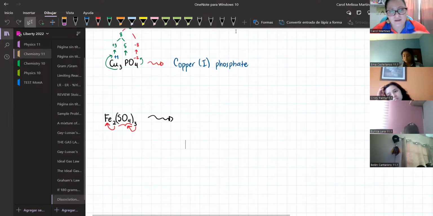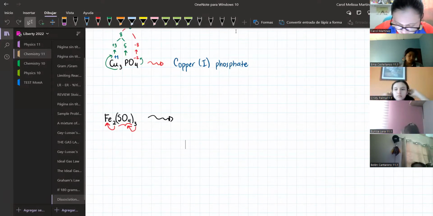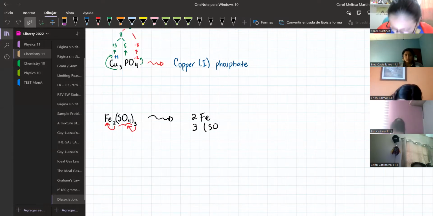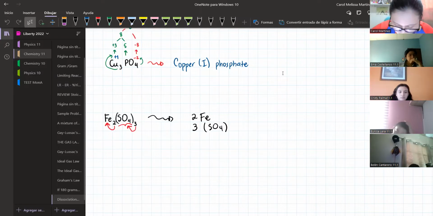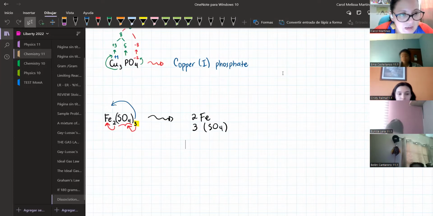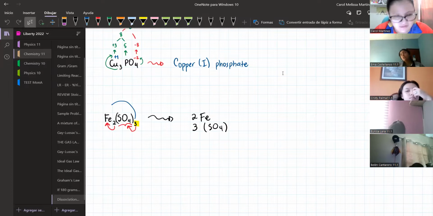So you can split this compound by saying that you have 2 irons and that you have 3 sulfates. Okay, you can say that. Now, as you already said, Christy, the charge of iron is pretty obvious. It's right here. And you know that this atom is coming from the charge of iron. So from this, you can tell that the charge of iron is 3.